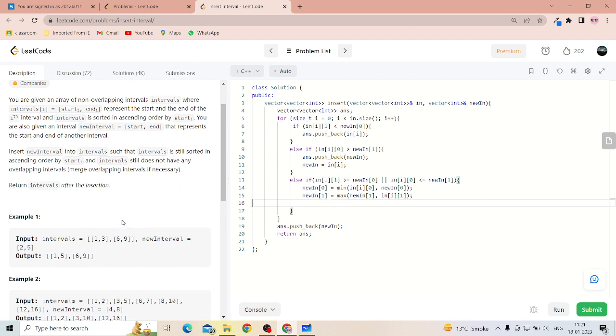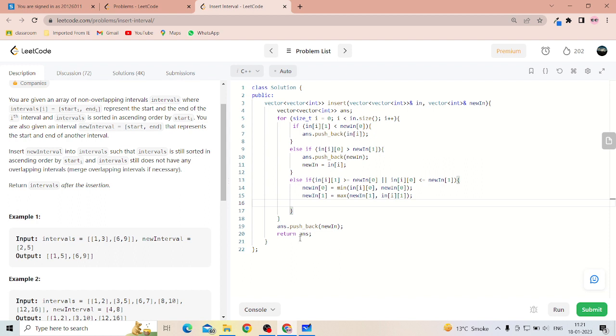Then I will come at next index, then I will compare that, and if it is not overlapping, I will insert that new interval, or insert that index interval according to the conditions.